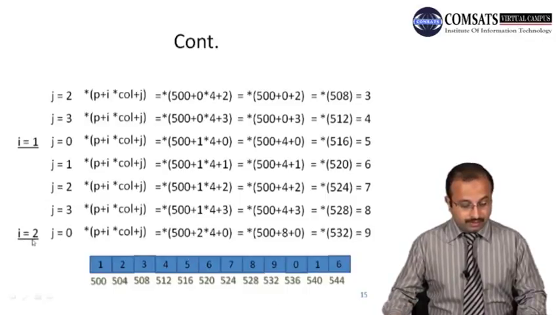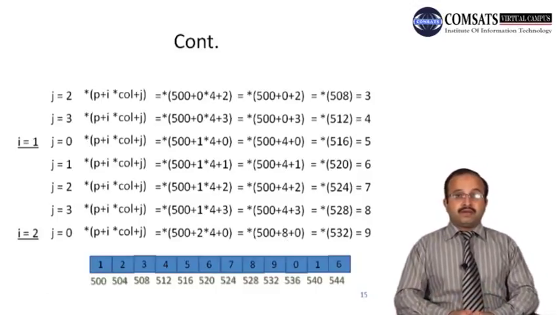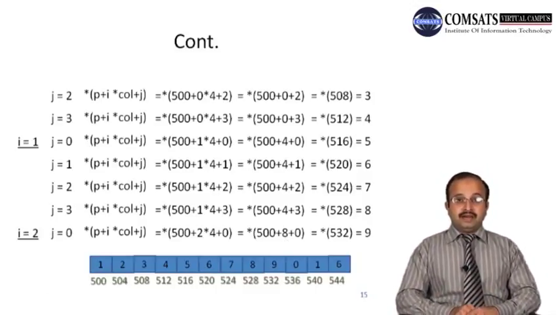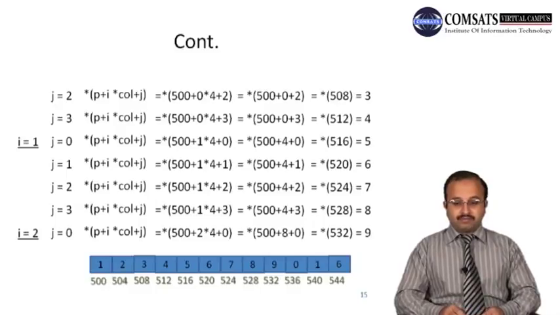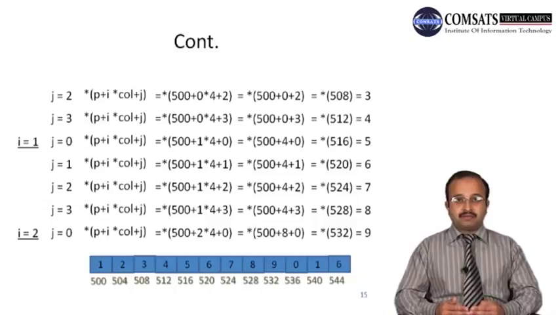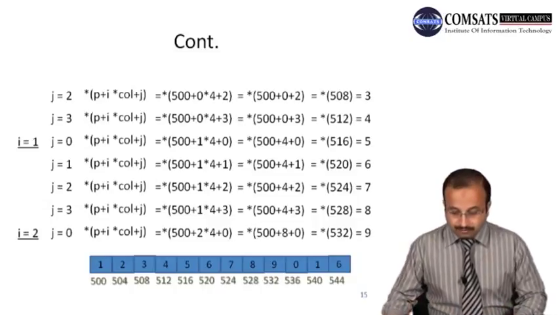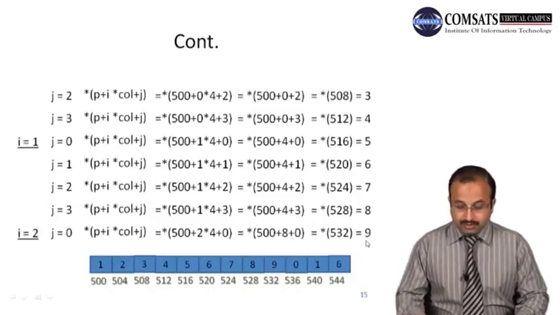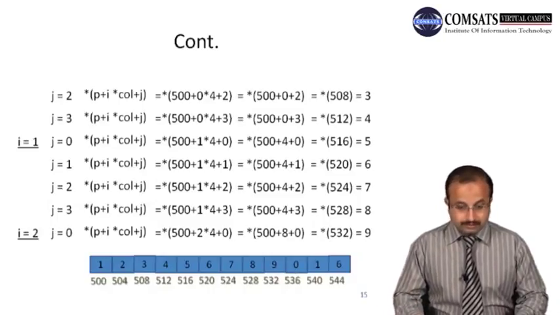So when the value of I is 2, 500 plus 2 multiplied by 4 becomes 500 plus 8. 500 is a memory address, and you are adding 8 in it. When you add 1, it becomes 504. When you add 2, it becomes 508. When you add 3, it becomes 512. When you add 4, it becomes 516, and when you add 8, it becomes 532. So the value at address 532 is 9. So the 9 will be printed over here, right?